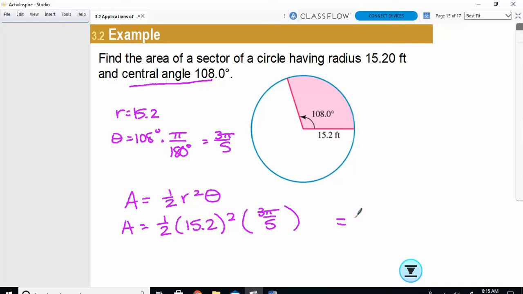So we just multiply all this out. Again, I don't care if you leave the pi in it or if you multiply out the pi.